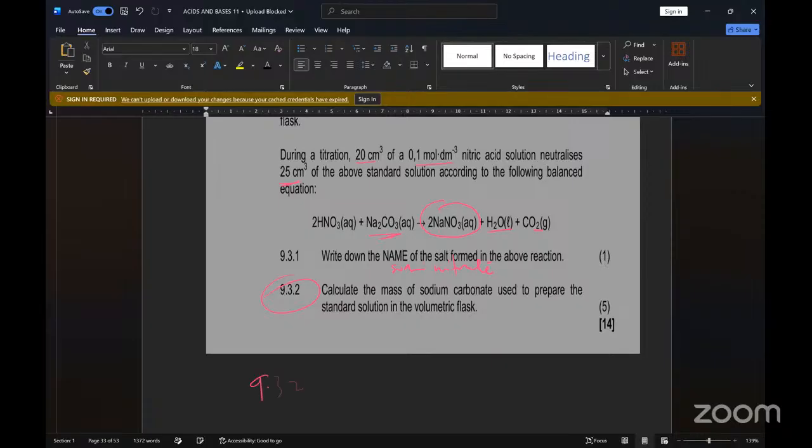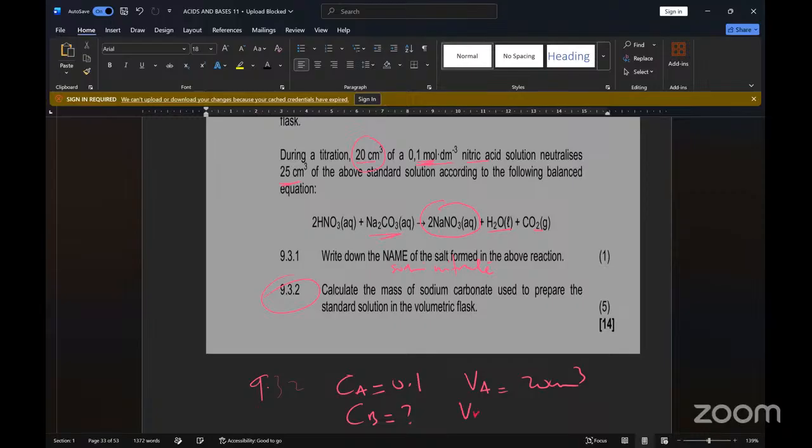So let me write here 9.3.2, okay? This 25 centimeters cube nitric acid is a nitric acid. So that is the acid. This one is the concentration of the acid. The concentration of the acid is 0.1. The volume of the acid is 20 centimeters cube. Then the concentration of the base, we don't know it.